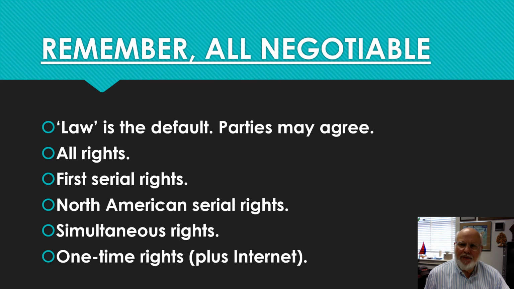Anything the parties agree to is okay, unless it's illegal, like selling heroin or something like that. But the law is the default position. So a copyright owner can sell all, part, borrow, charge a lot, charge a little, give this to so and so and not to so and so, whatever.